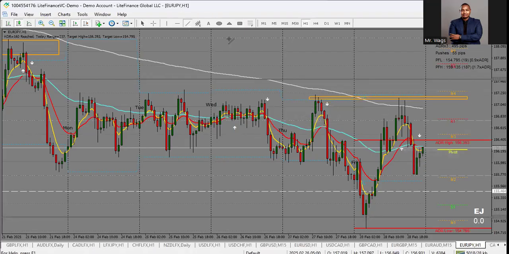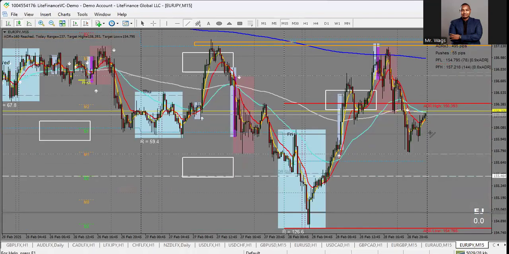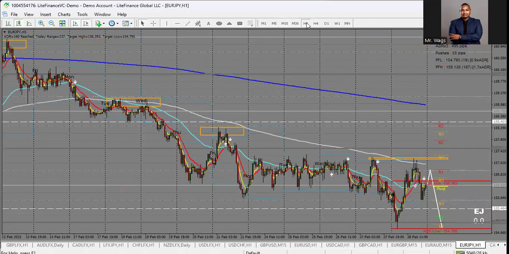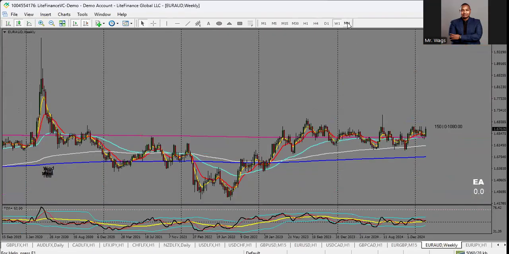And I'll be expecting for price to continue going down. So that's my anticipation on EURJPY. Let us look at EURAUD.